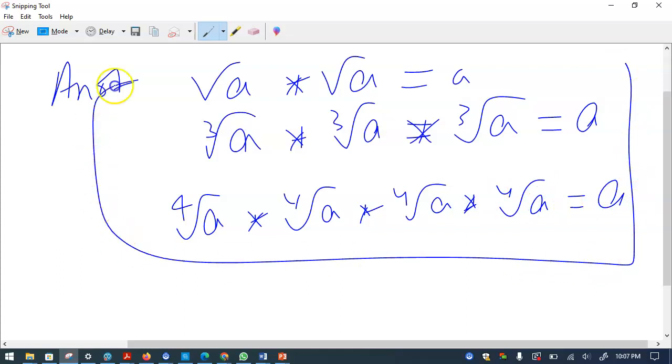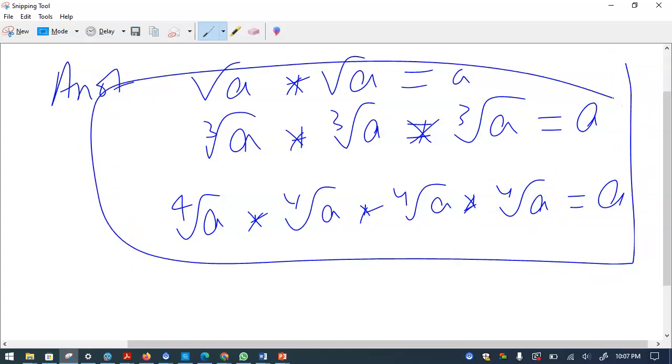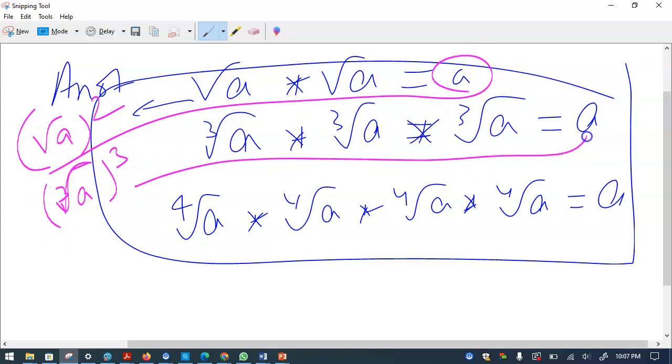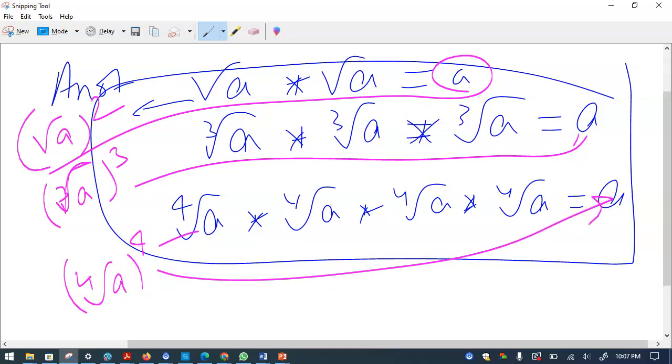So this is how you remember the formulas. It means the square root of a, the whole squared, is a. The cube root of a, the whole cubed, is a. The fourth root of a raised to the power 4 is a. So that's all it means.